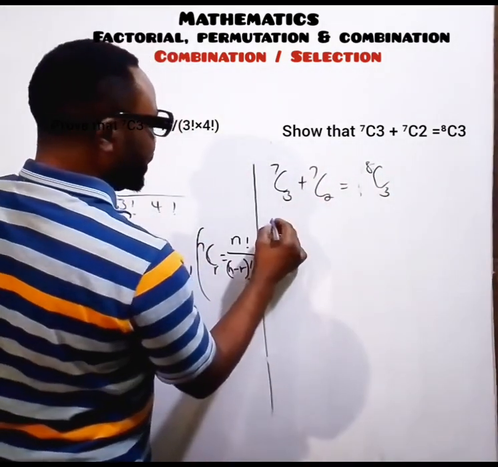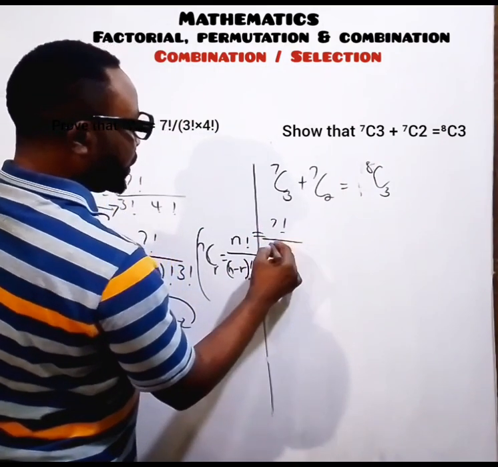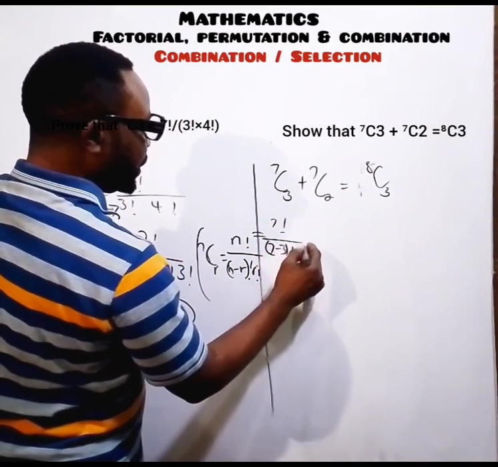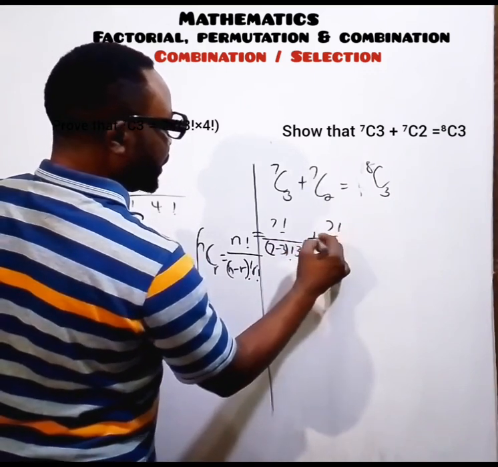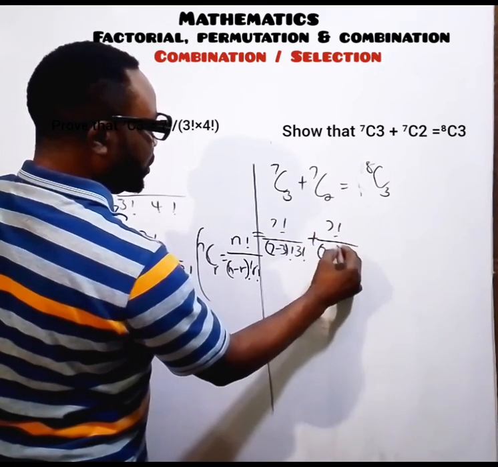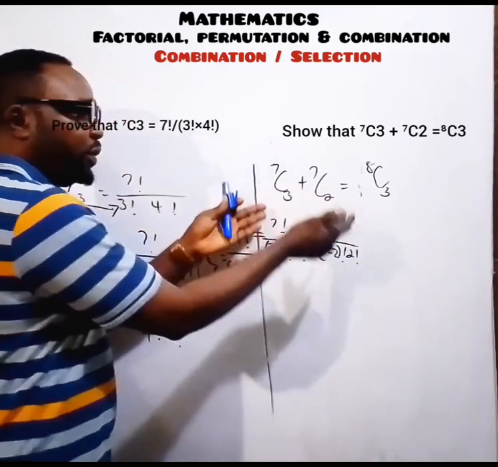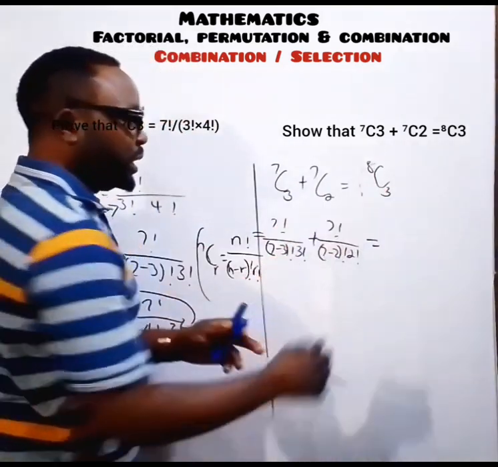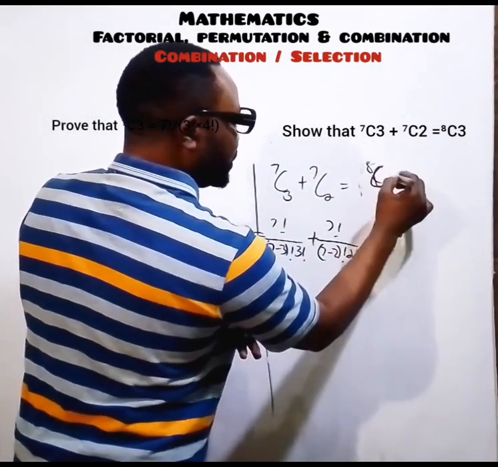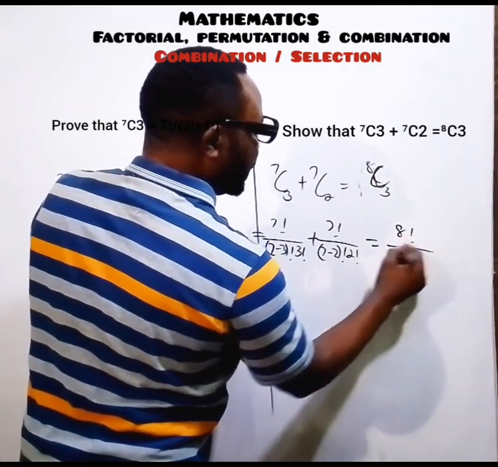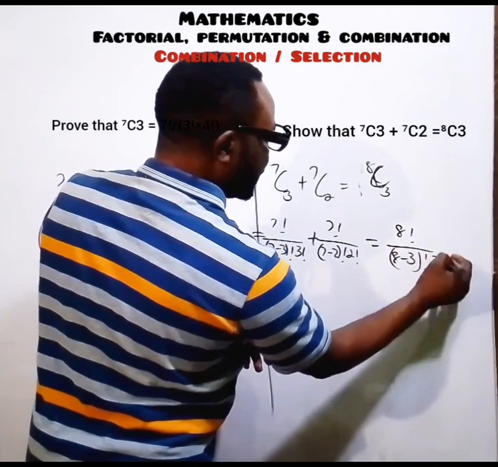7 combination 3 will be 7 factorial all over 7 minus 3 factorial 3 factorial, plus 7 factorial all over 7 minus 2 factorial 2 factorial. That is the value of this. And 8 combination 3 is 8 factorial over 8 minus 3 factorial 3 factorial.